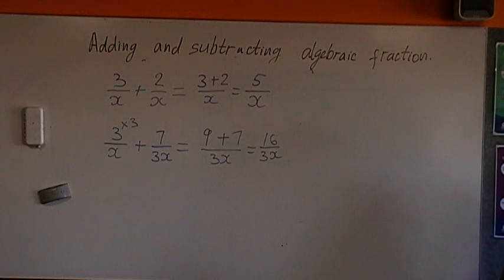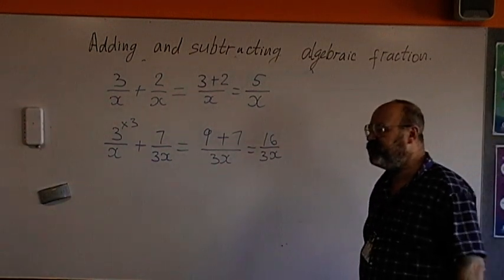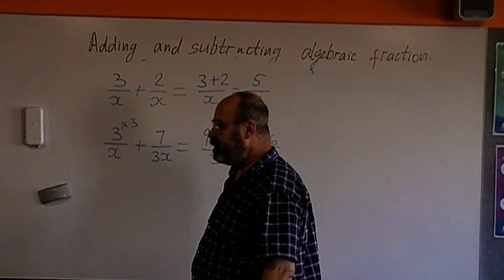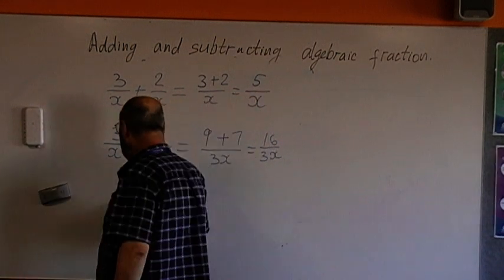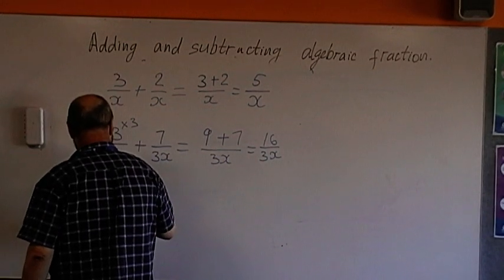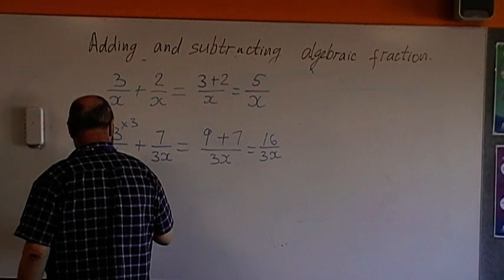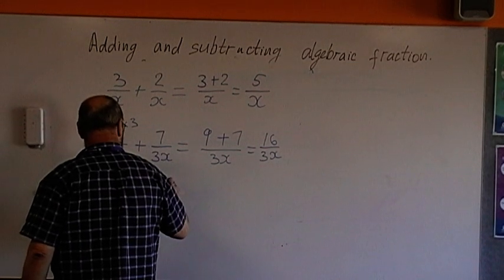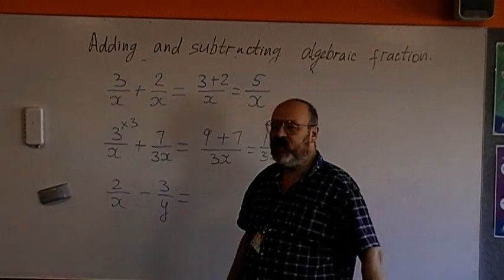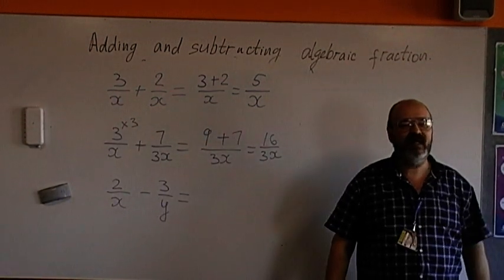Next example, if we have 2 over x minus 3 over y, what will be the common denominator?